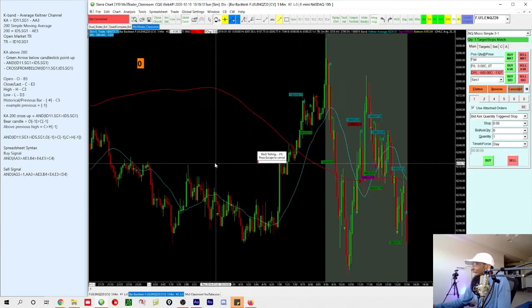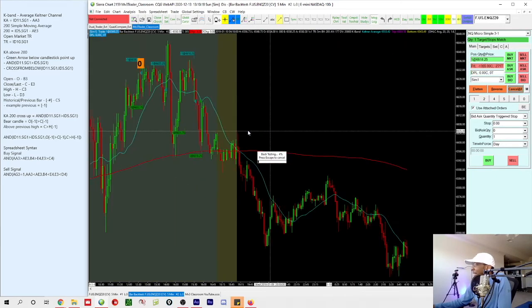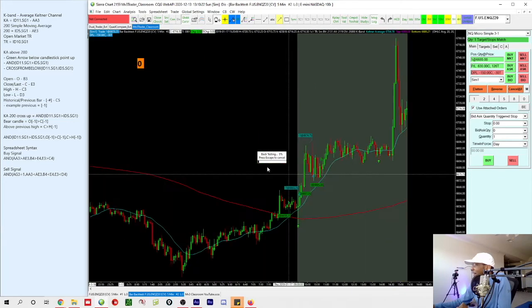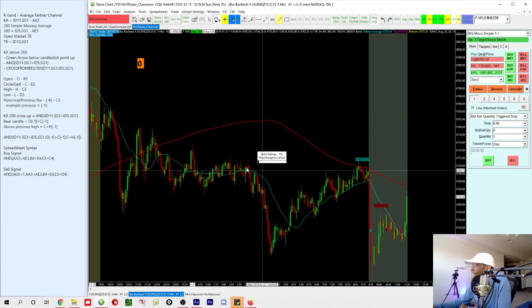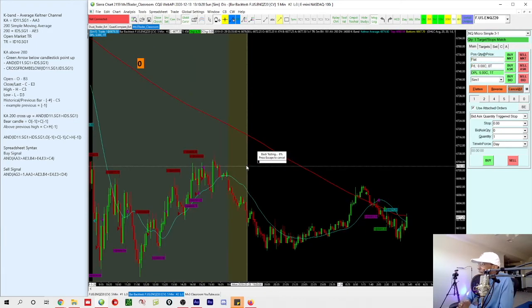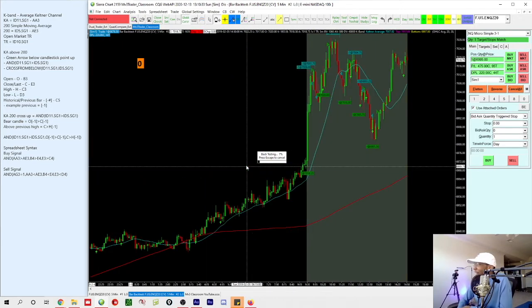So this is not very realistic. If I'm looking at this at a glance, it's not following exactly how I set the thing up. So this is what I mean by the back testing within Sierra Chart cannot be perfect. Just take it with a grain of salt.